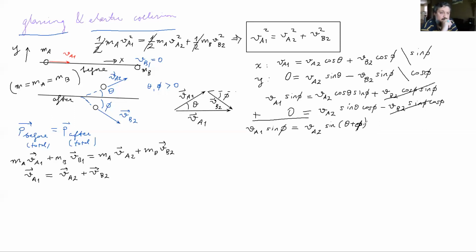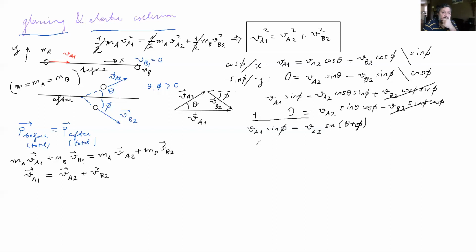All right. Now, what else could I do with these 2? What if I multiply the first equation by cosine phi, and multiply this one by maybe negative sine phi.